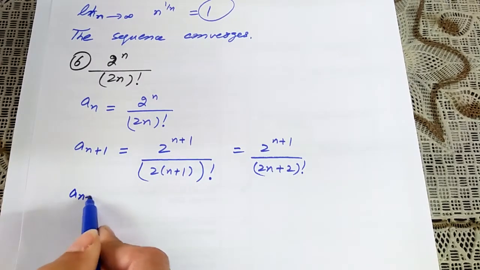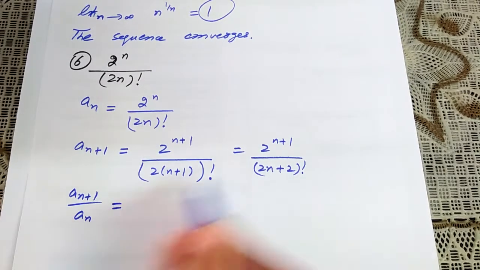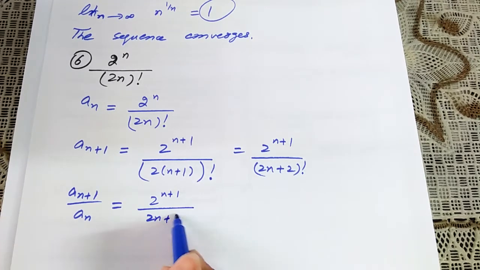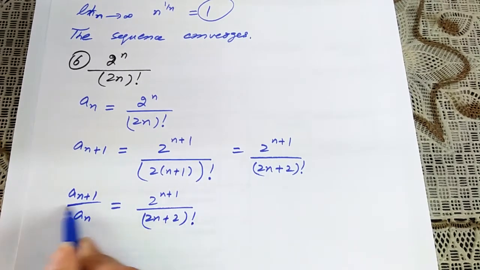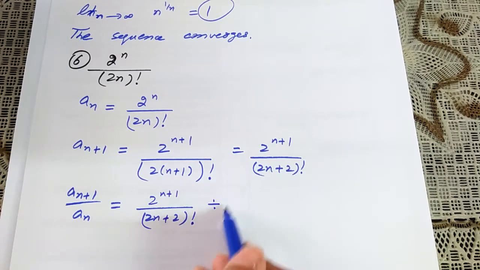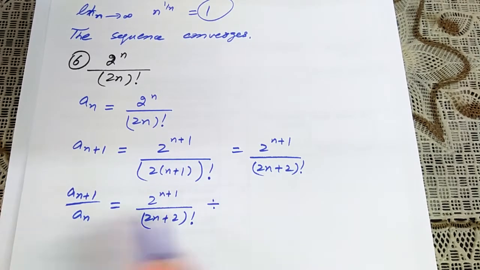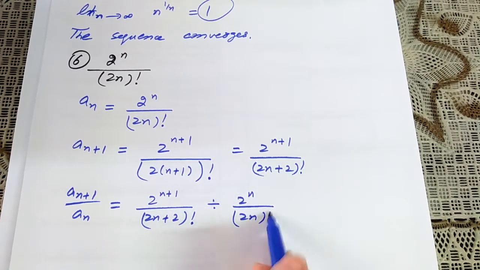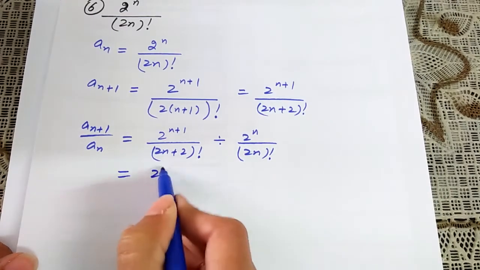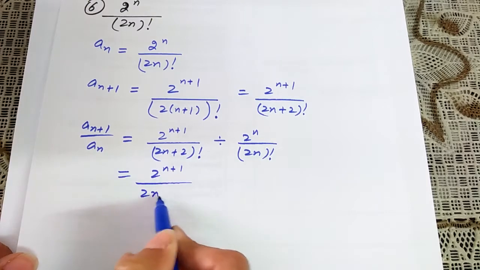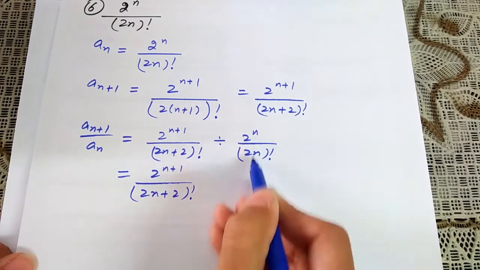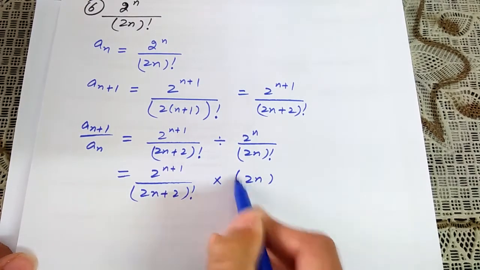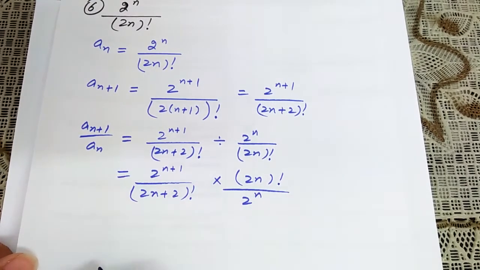Now an plus 1 over an equals this thing, 2 raised to n plus 1 divided by 2n plus 2 factorial. Now this main division sign I am writing it with this sign and divide it with an, 2 raised to n over 2n factorial. Take its reciprocal and change this sign into multiplication, we will get 2n factorial over 2 raised to power n.